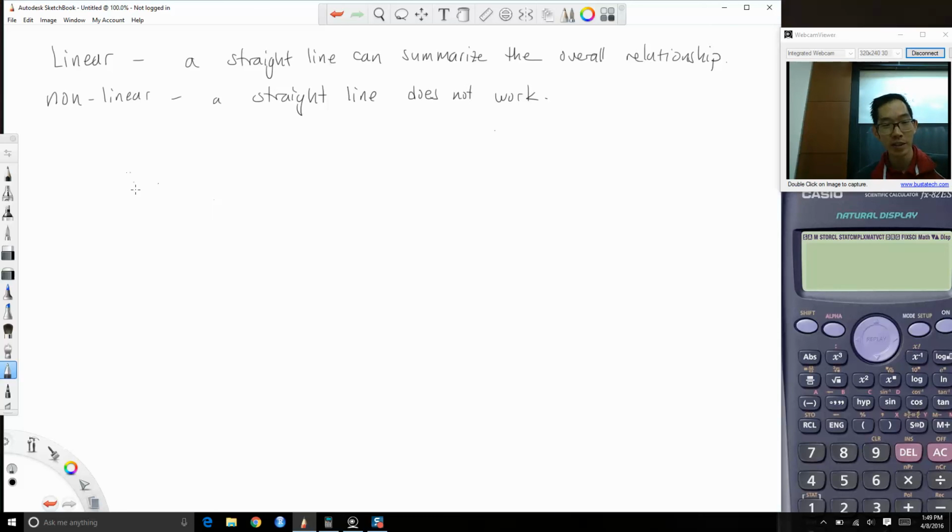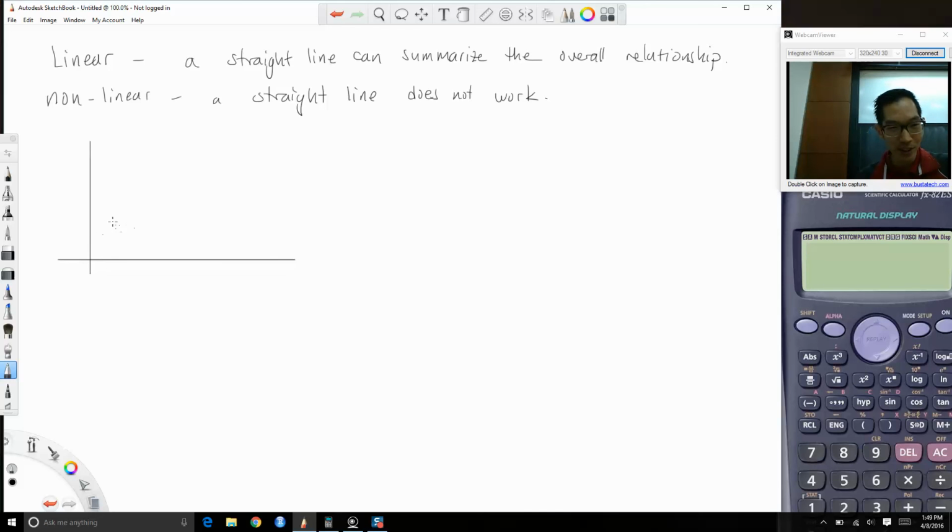Okay, and for deciding whether something is linear or not linear, we're just going to depend on our eyes here, okay? As far as the scope of this course, we're just going to look at it and say, that looks kind of like a straight line, and that one does not, okay? Because more advanced tests would be beyond the scope of this course.